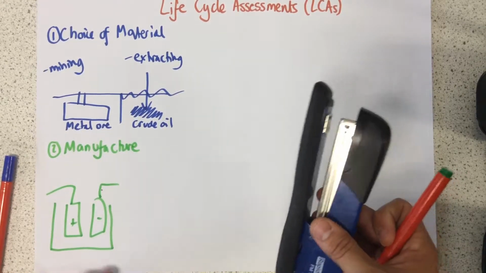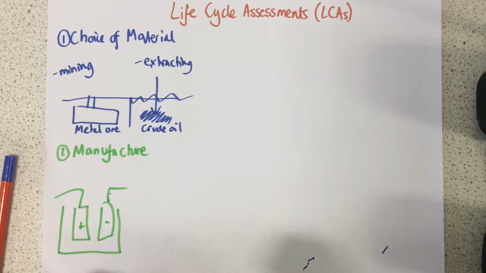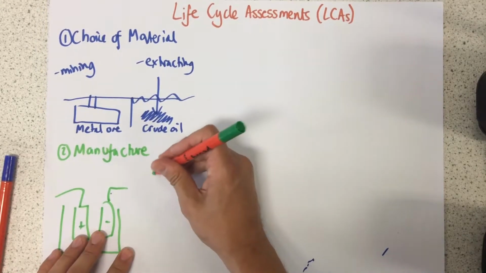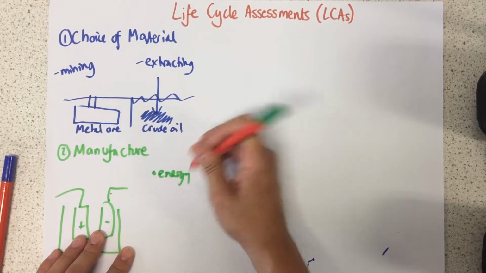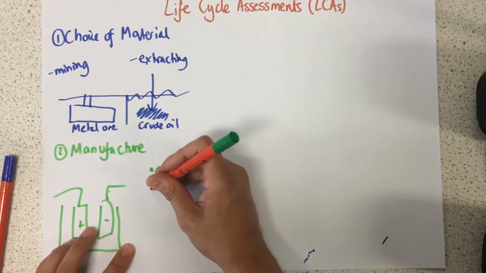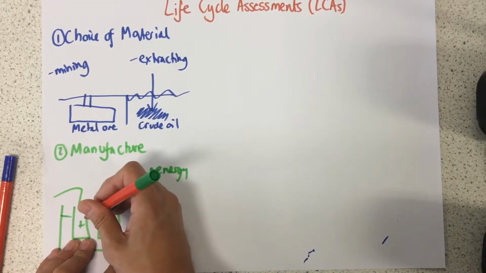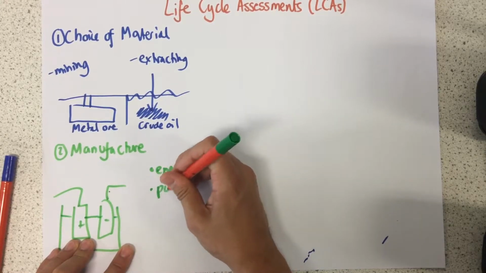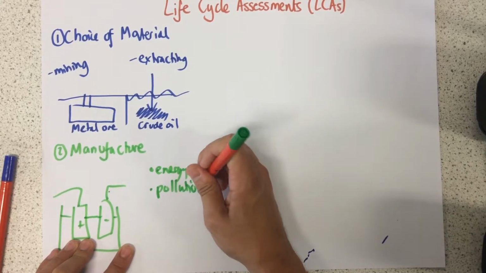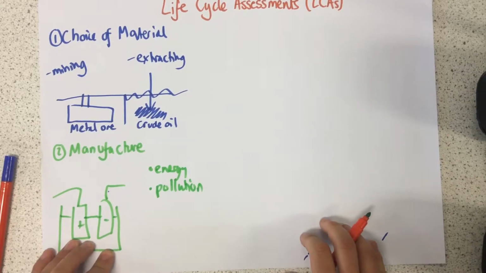If it's aluminium, for example, we would need electrolysis. It requires lots of energy, and we're using fossil fuels to generate our electricity. We're also going to be producing a lot of pollution during this process.